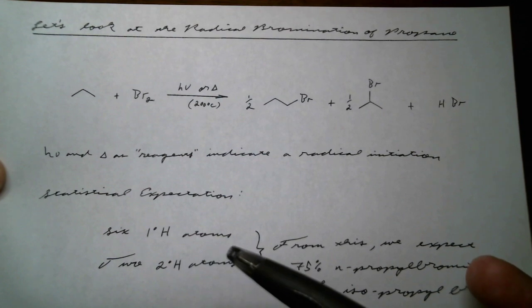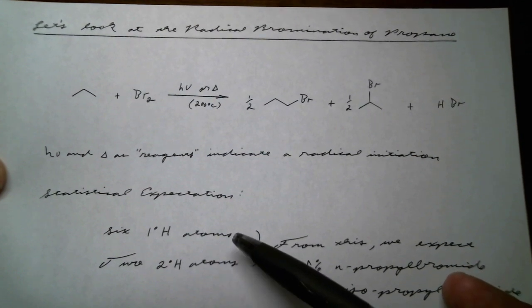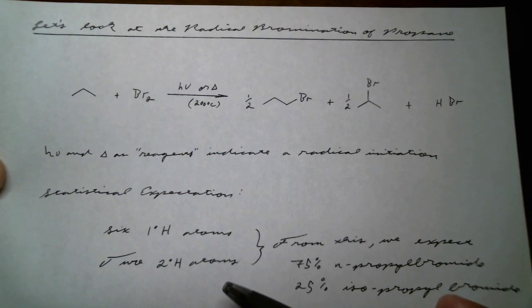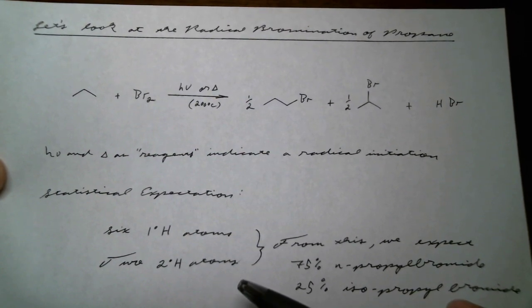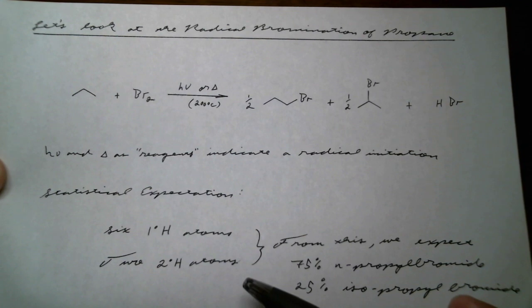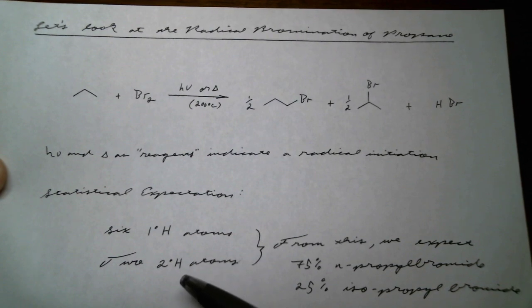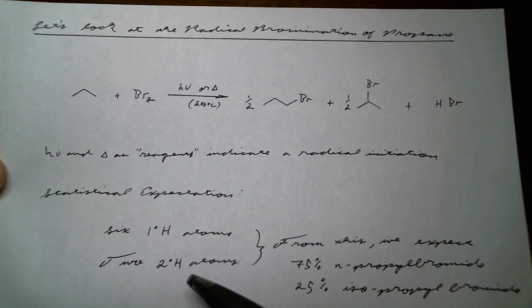So there are 6 primary hydrogen atoms on propane and 2 secondary hydrogen atoms for a total of 8 hydrogen atoms. So what is the percentage that are primary? Well, 75%. And what is the percentage of hydrogen atoms that are secondary? 25%.